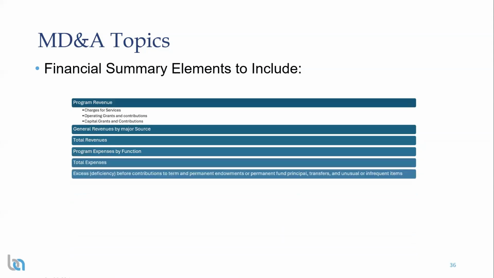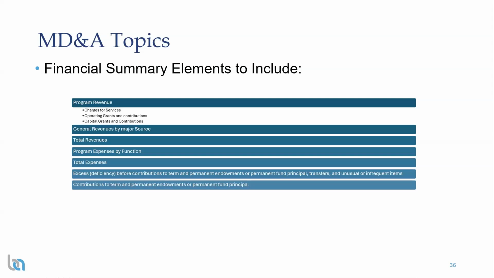Total expenses, excess deficiency before contributions to term, permanent endowment, or permanent fund principal, transfers, and unusual or infrequent items. So we have so many categories now that, I mean, we'll display them, so hopefully it will be more clear, but basically that's how your statement of activities will look.